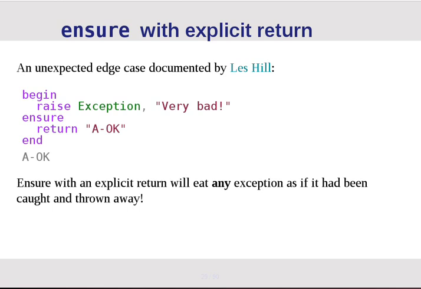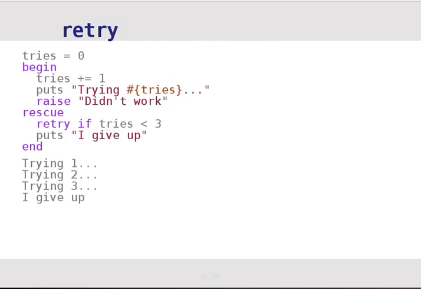So effectively, the exception is thrown away. This is probably something you shouldn't be doing. You probably shouldn't be calling explicit return in an ensure block, but it's a case to be aware of.